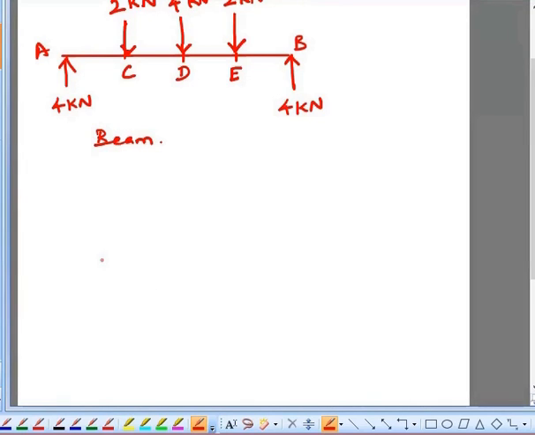Now I have to calculate the shear force at the different points and draw the shear force diagram. So to draw the shear force diagram, you put a horizontal line. This is your shear force diagram.